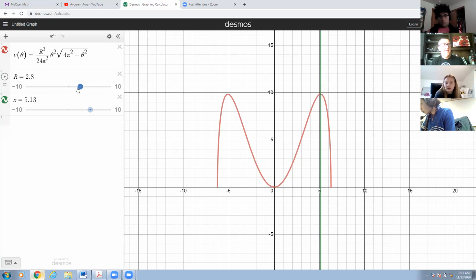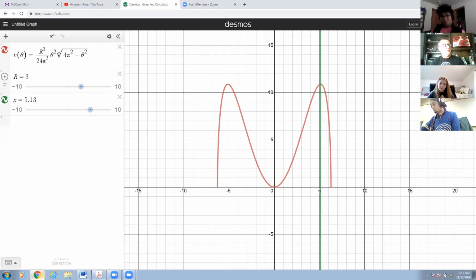Yeah, it has to do with the fact that when you take the derivative, R ends up out front. Notice the business end of the equation right here has a theta squared times the square root of another expression with theta squared, and the R can be thought of as out front, like out there among the constants. And so it ends up having no effect on when this is equal to 0. And so you're exactly right. It actually kind of cancels out in this solution.